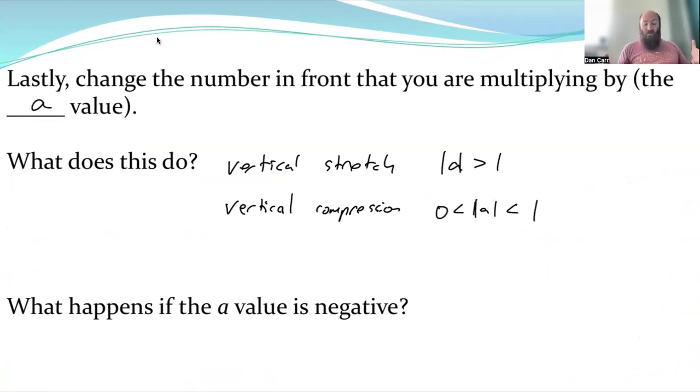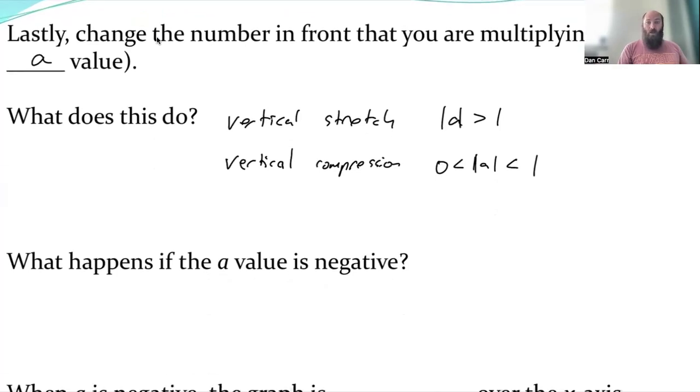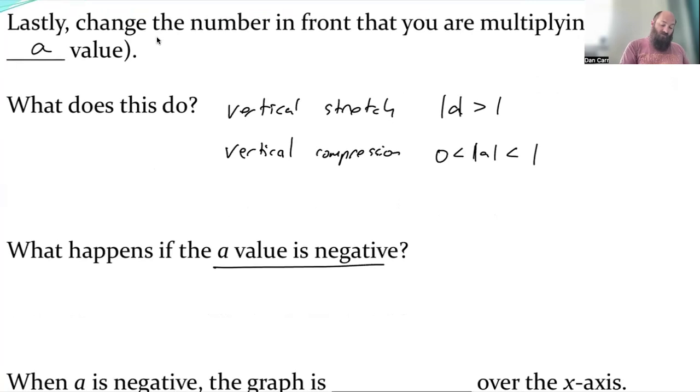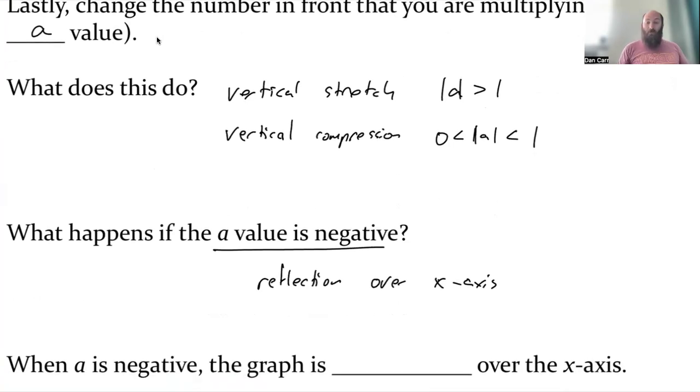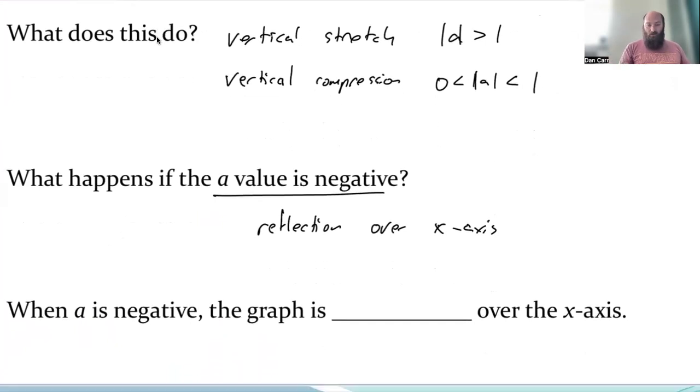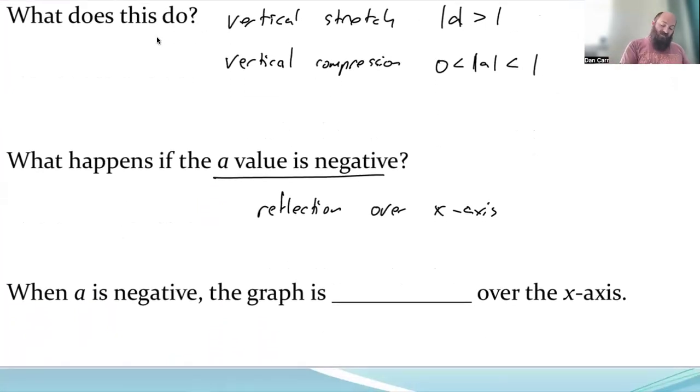What happens if the a value is negative? We get a reflection, and more specifically, it's a reflection over the x-axis. So when a is negative, the graph is reflected over the x-axis.